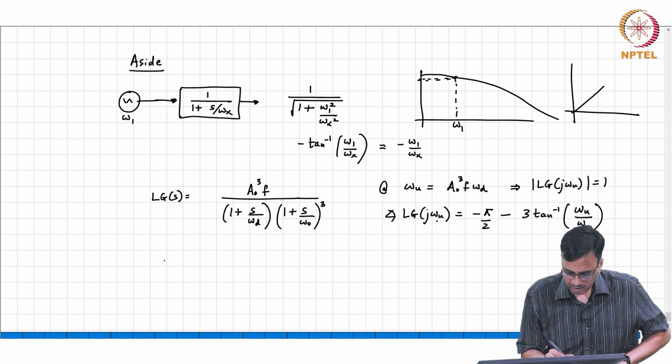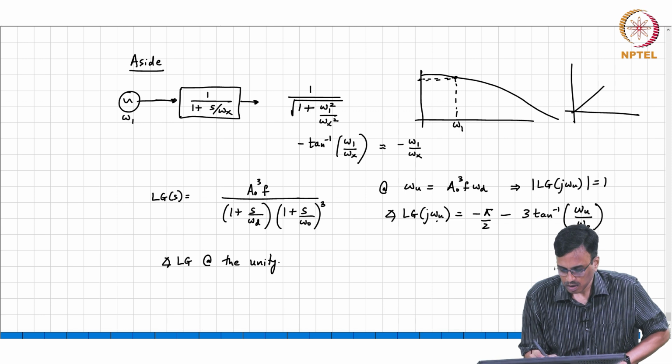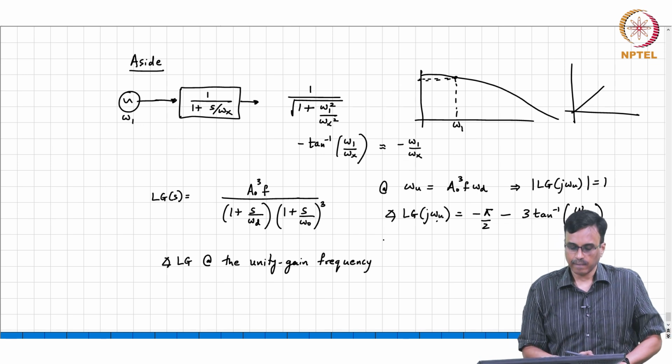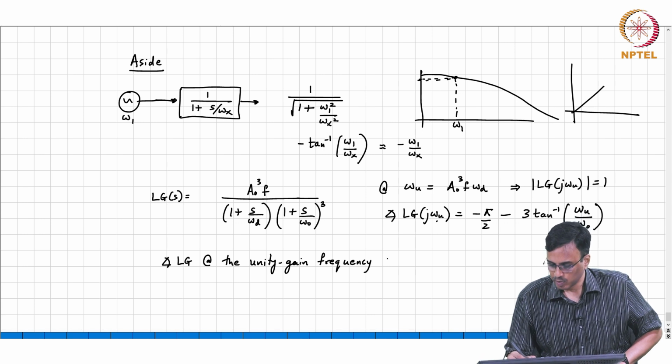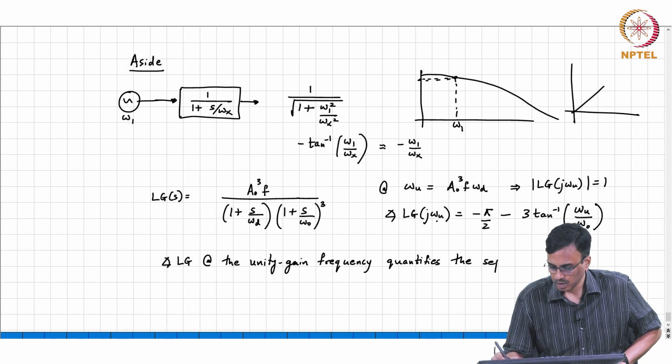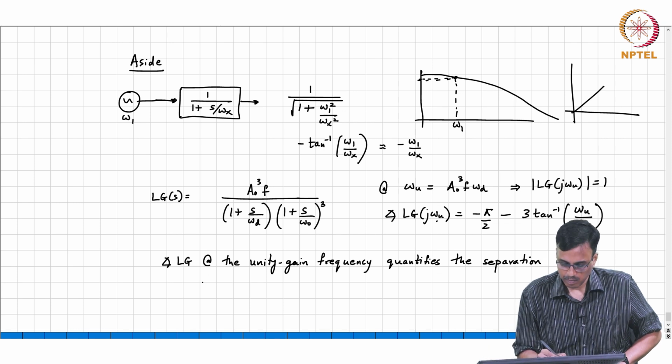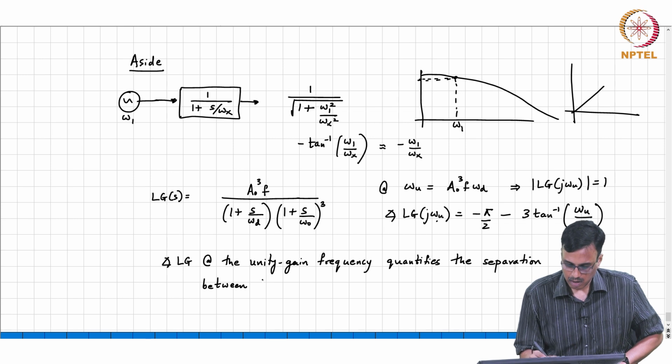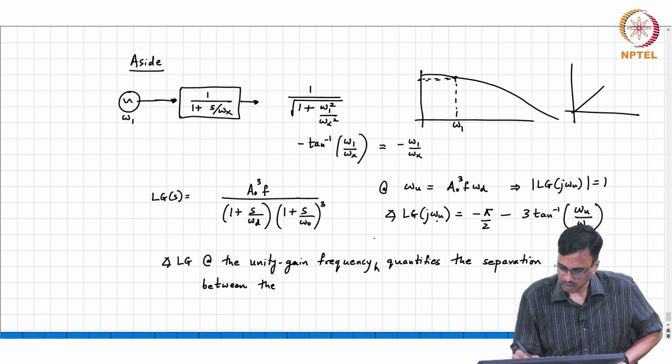So, the summary is that the angle of the loop gain at the unity gain frequency basically quantifies the separation between omega u, the unity gain frequency, and the higher order poles.